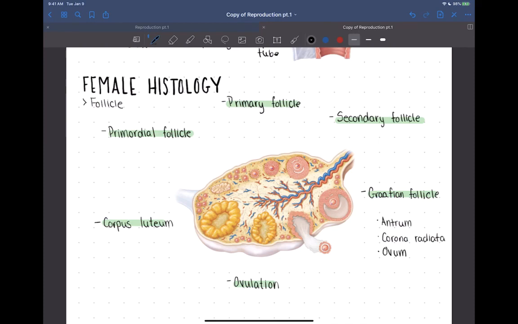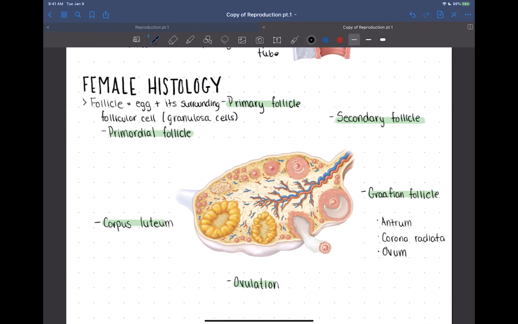Referring specifically to the ovaries, I know we've had follicles with other things like the thyroid gland, but in the ovaries, a follicle refers to the egg and its surrounding follicular cells. Sometimes these cells are referred to as granulosa cells. Okay, so that's what a follicle is.